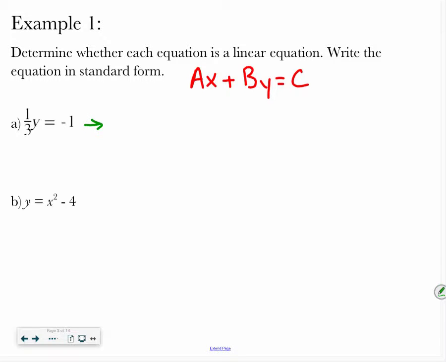So I see that I don't have an x, but I can rewrite this. It'd be 0x plus 1/3 y equals -1. If I were to graph this, I would end up with a straight line because my powers are 1. X to the first and y to the first, okay? So this is a linear equation.